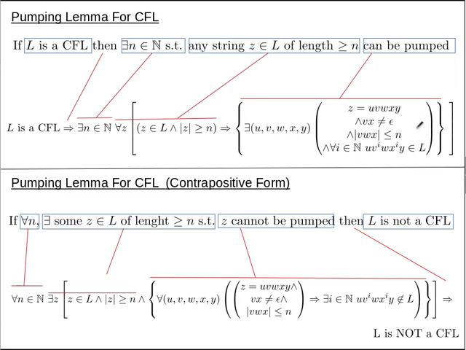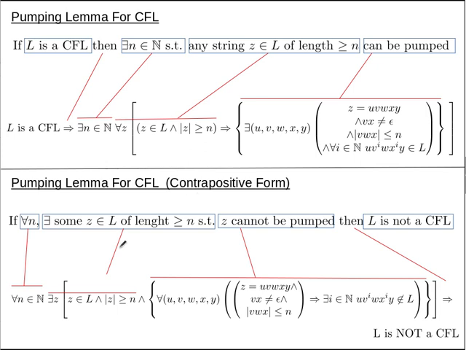What is this part? It says that it can be pumped. That means there will exist UVWXY such that z is the concatenation of these, vx is not empty, the length of vwx is at most N, and for all i, the pumped version uv^i wx^i y will also be in L. So this is the formal statement of the pumping lemma.